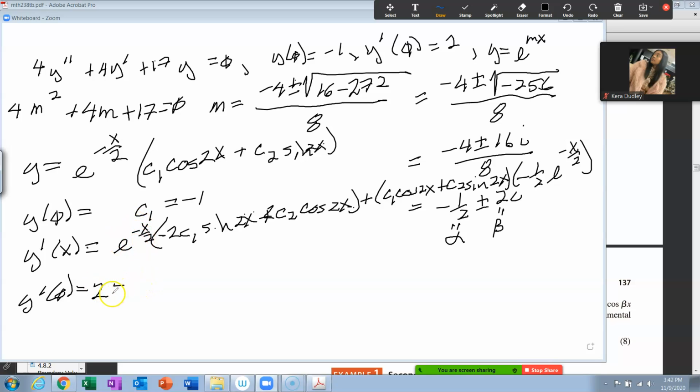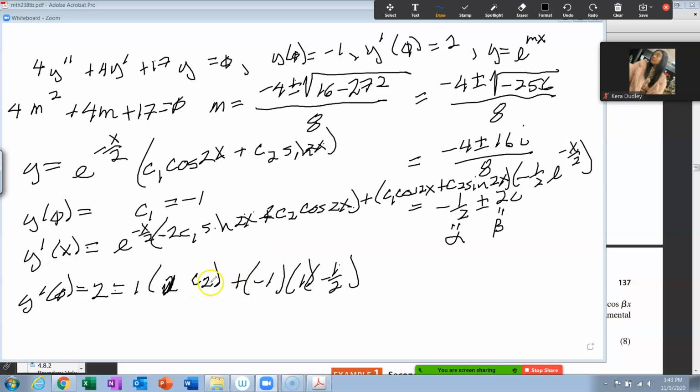That's going to give you a 1 times, and this was a -1 times a -2, that's going to be a +2 times the sine of 0, that's not going to give you anything, times c2 times the 1, plus c1 was a -1, cosine of 0 is 1, plus c2 sine of 2x, which is 0, and all that is times a -1/2 of 0.